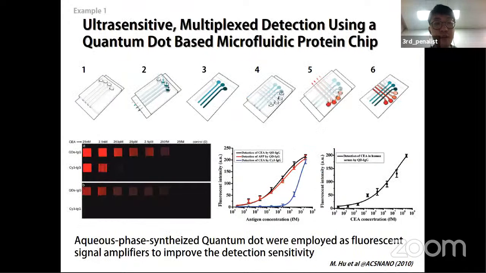This paper measured the cancer marker using quantum dots. The quantum dots were employed as fluorescence signal amplifiers to improve the detection sensitivity.